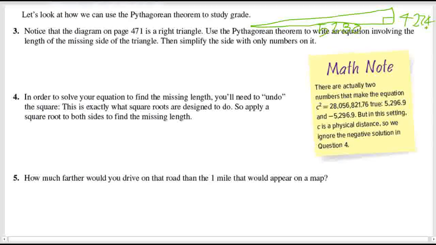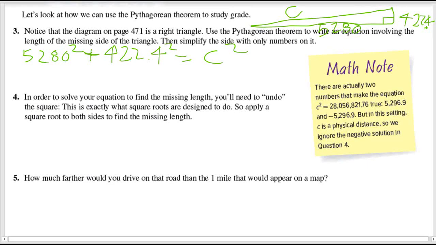So when you're talking about vertical and horizontal, when you have a story about the Pythagorean theorem, vertical and horizontal give you the right angle. So I actually have my side across, the side that's missing is the c. Okay? So I know that 5,280 squared plus 422.4 squared equals c squared.